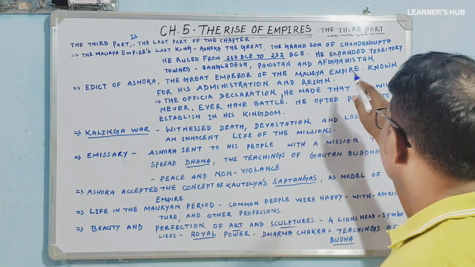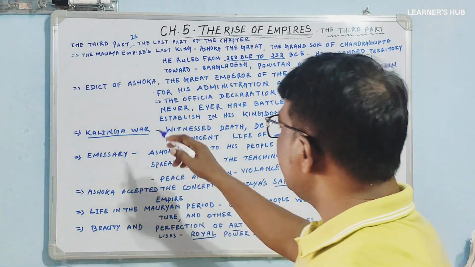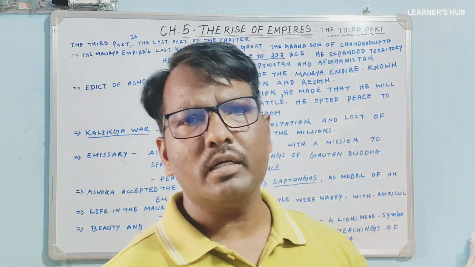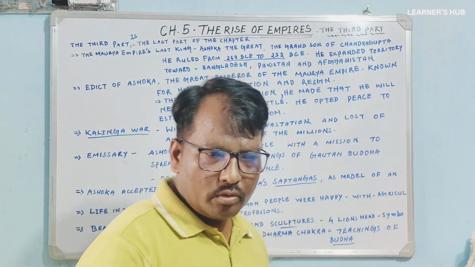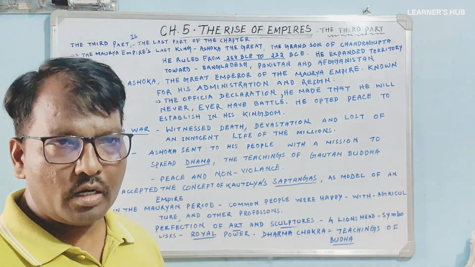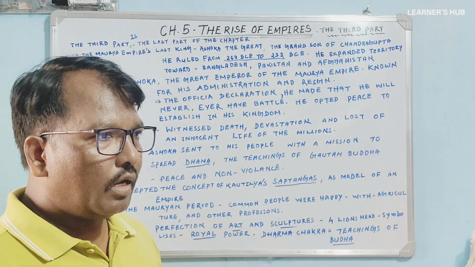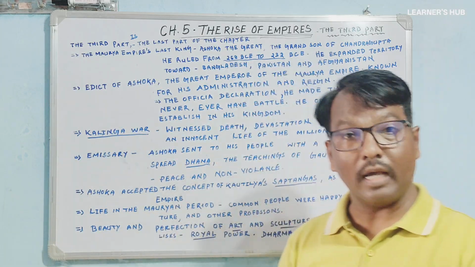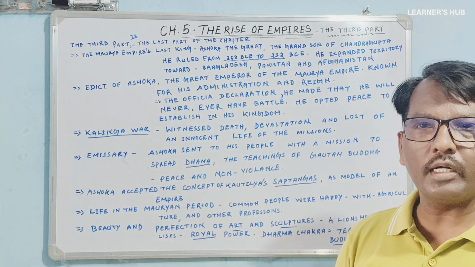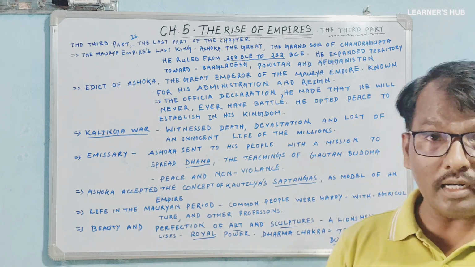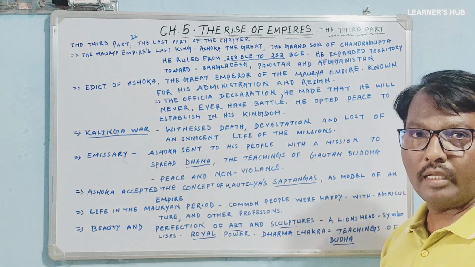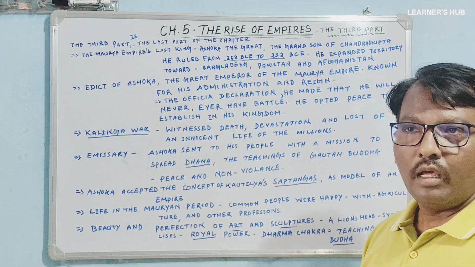And then, my dear students, Ashoka the Great ruled every nook and corner of the Indian subcontinent. When he ventured towards Odisha, or Kalinga, he fought the Kalinga war against Kalinga.